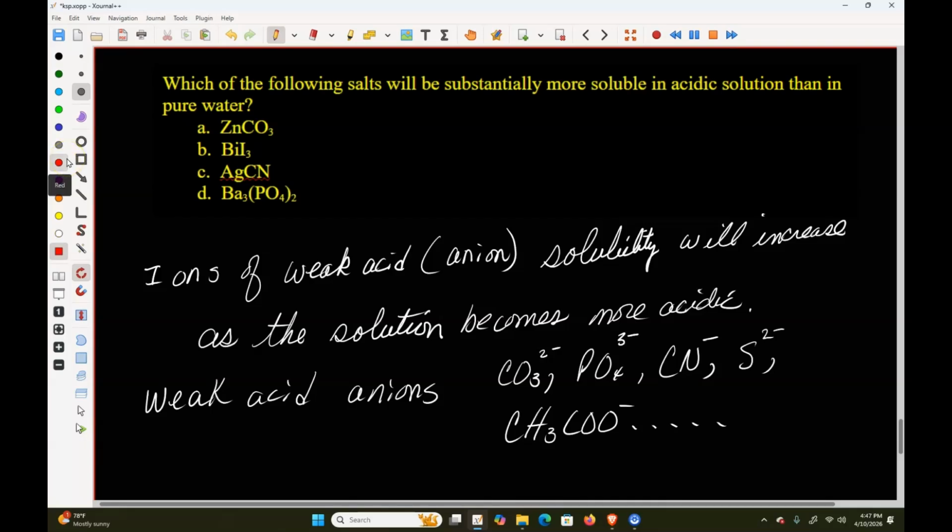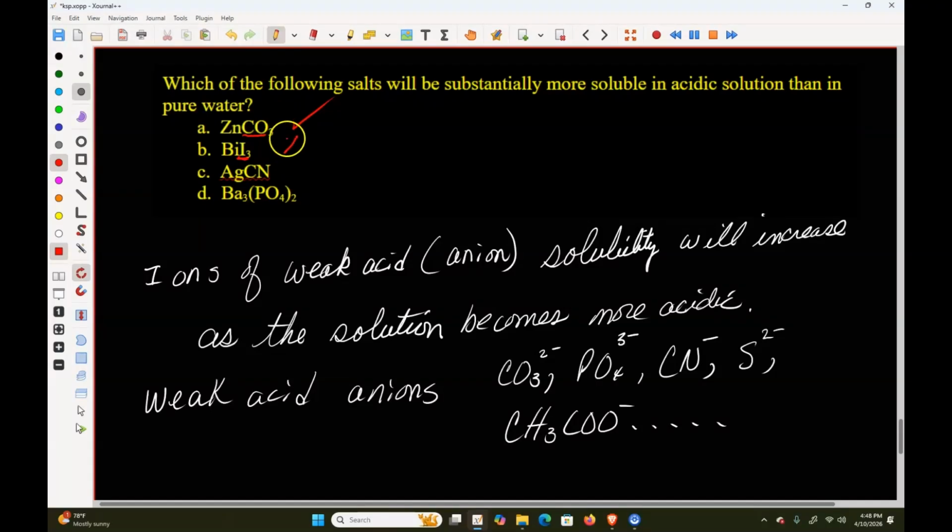So, which of these will be more soluble? You gotta look at the CO3. CO3, the acid was carbonic acid, a very weak acid. Therefore, this is a basic anion. So, yes, this one will dissolve better in an acid solution. All right, HI is a very strong acid. So therefore, its anion is a very, very weak base.